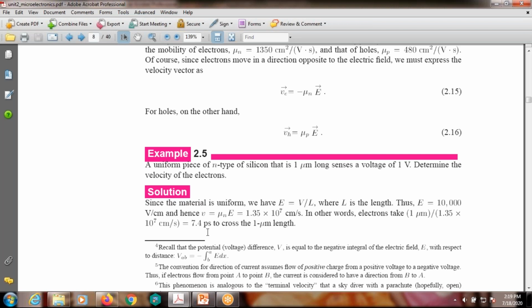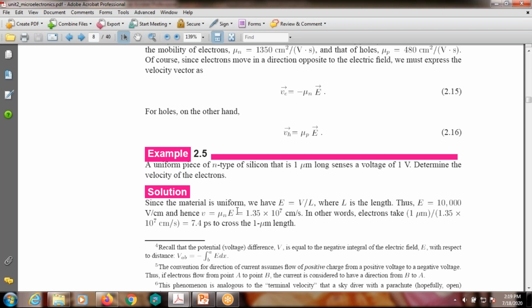This is for the electron, because the mobility is that of the electron. So 7.4 picoseconds is required, a very, very small amount of time. Within that very short span, the electron crosses 1 micrometer.